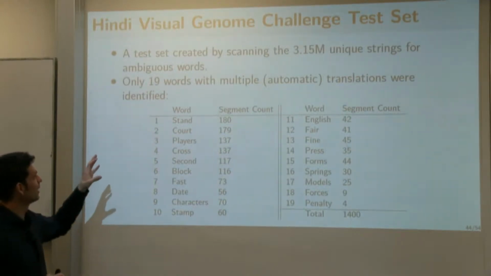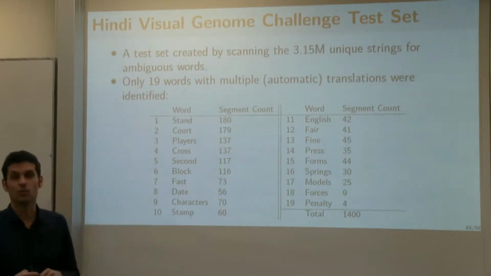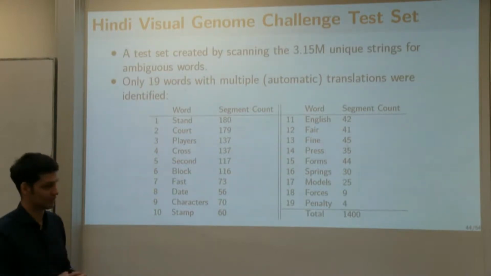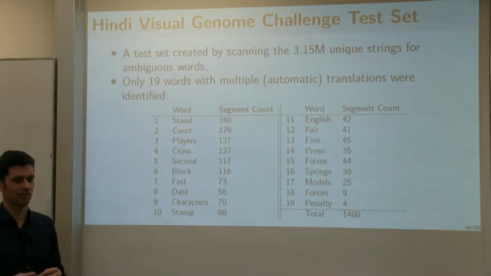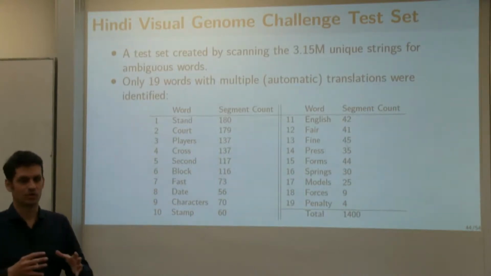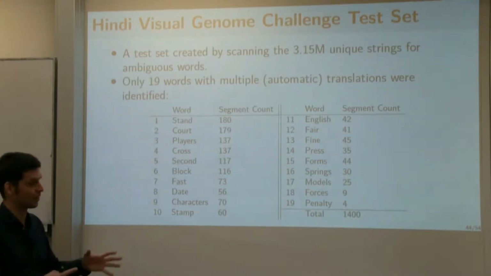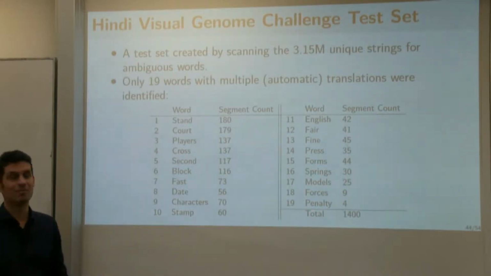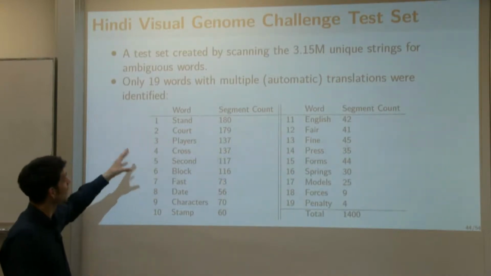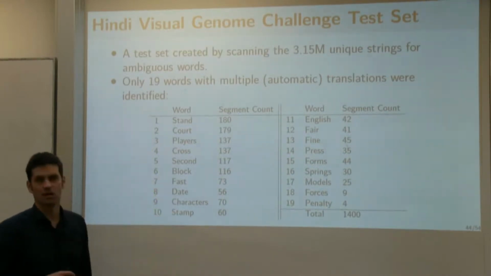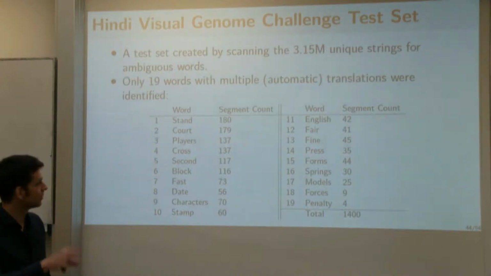We actually found very few words that would be ambiguous. Maybe that's the side effect of using a machine translation system which did not have a rich enough vocabulary in the target language, so there were only too few ambiguities arising. But then we manually subselected, and we arrived at 19 words that are ambiguous on their own.